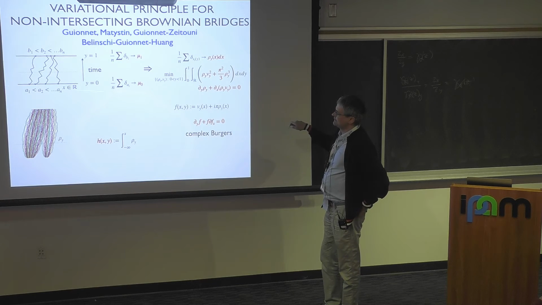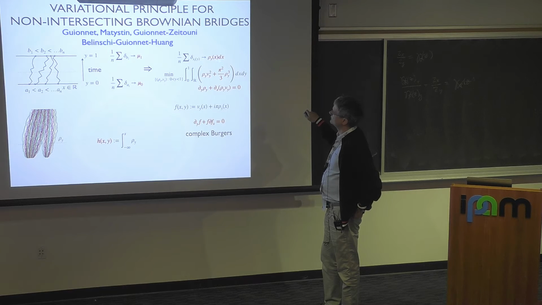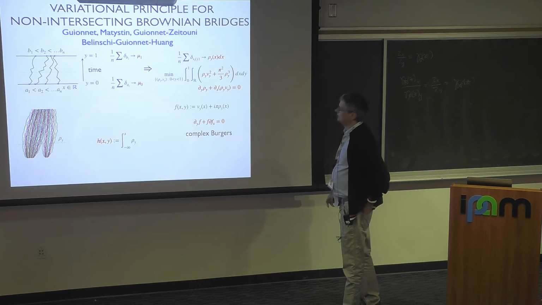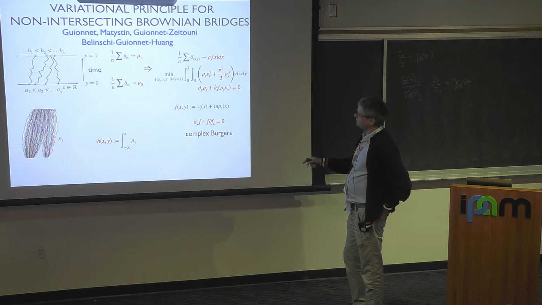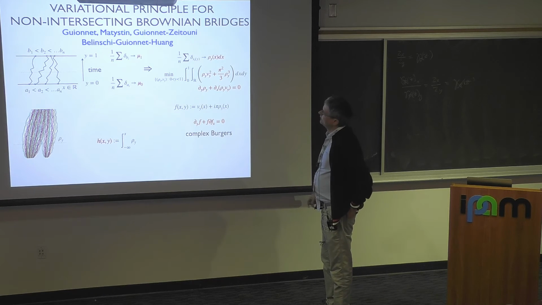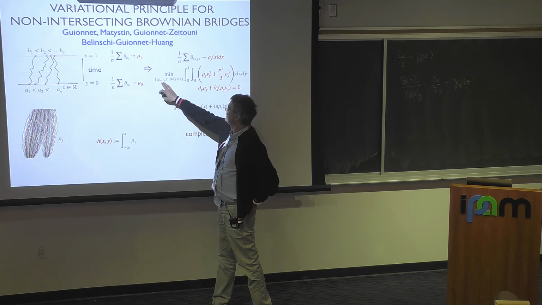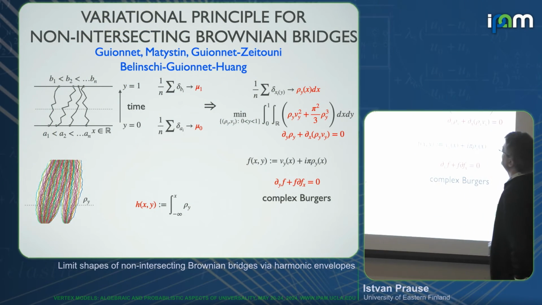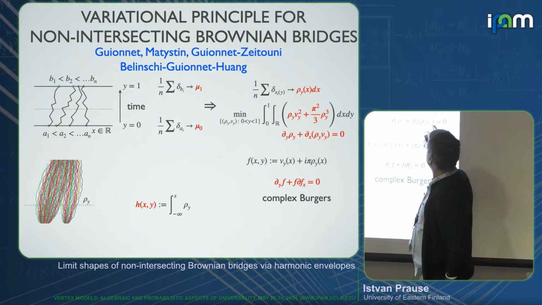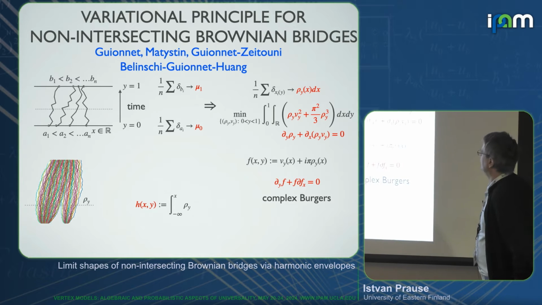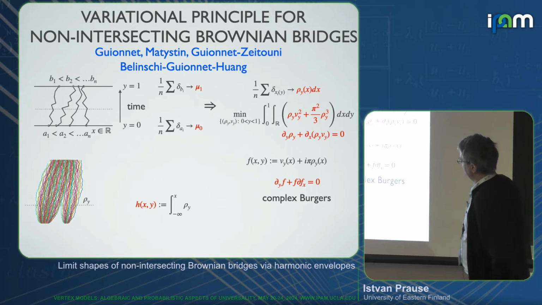Then one is interested in what happens at an intermediate time, and that will be given by some measure which is absolutely continuous with respect to x, given by this kind of variational problem. So this is due to Guionnet and other authors, and we are minimizing over here some pairs, this density and this velocity, such that they satisfy this Euler equation, and this is the minimization problem.